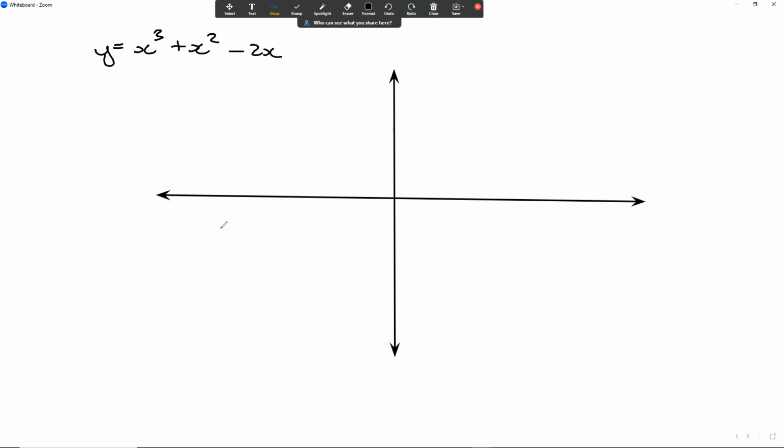So this curve is doing something like this when x is 0, y is 0. So it's going to pass through the center and it's just going to turn like that. I'm going to try and draw it accurately as far as possible. Okay, so it's basically just passing the center like that.